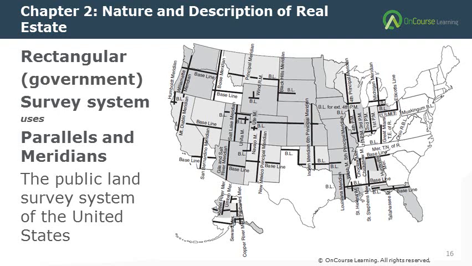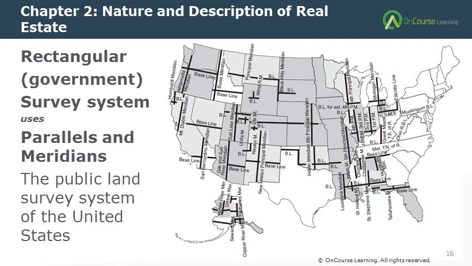Well, this rectangular survey method is a method of legally describing property based on imaginary lines. So between longitude and latitude, we have these parallels which run east-west and meridians that run north-south.